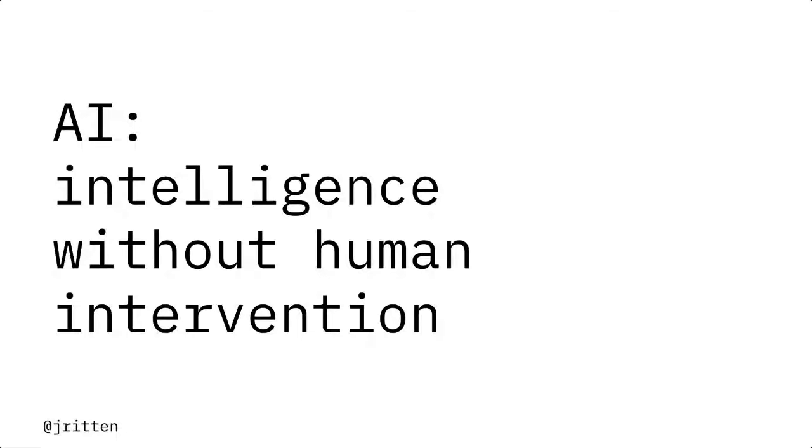With IBM's Project Debater, for instance, you can ask it questions and it's able to come up with responses and debate, put an argument together and debate an actual point and have a full position on it, without a human having to feed it information or tell it which side of the argument to take.